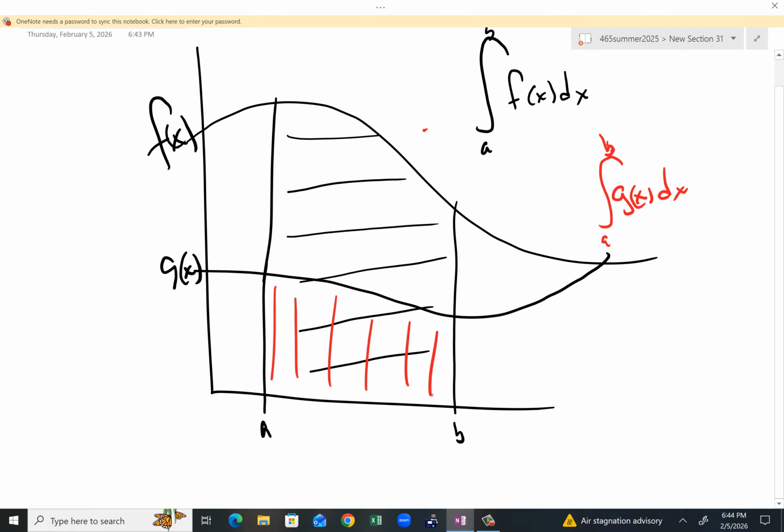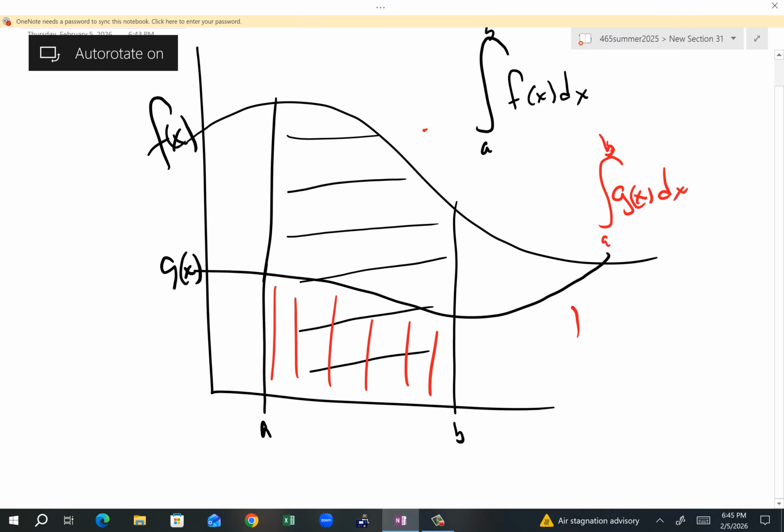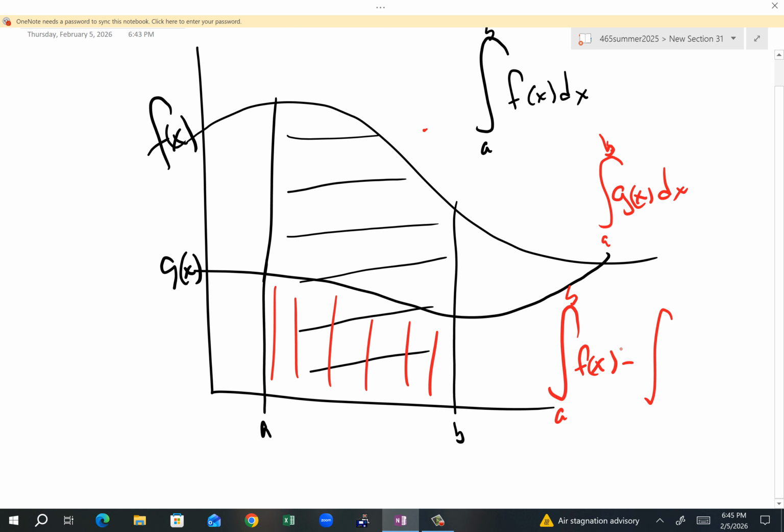And so it makes sense that the area between them would be the difference of those two integrals. So you get the integral from a to b of f of x dx, don't forget that, minus the integral from a to b of g of x dx, is equal to the area between f and g on that interval.